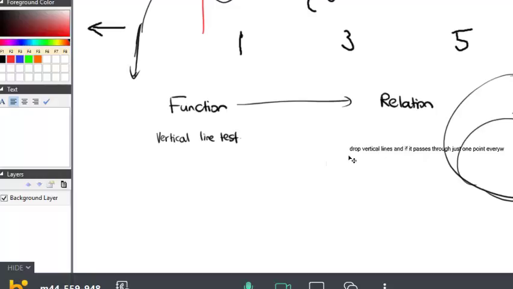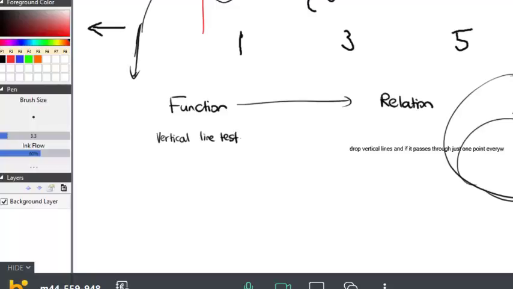Oops, it's not moving. Made a mistake. But anyway, if you drop vertical lines and it passes through just one point everywhere, then it's a function.